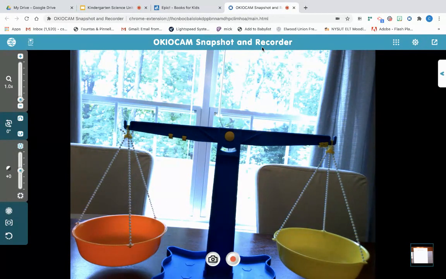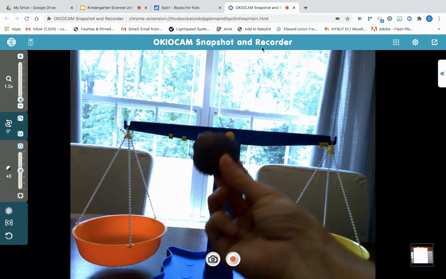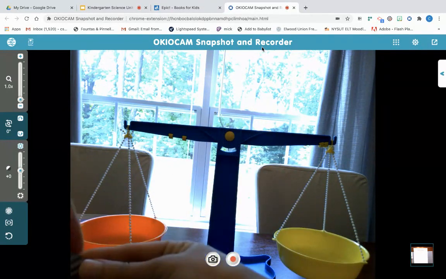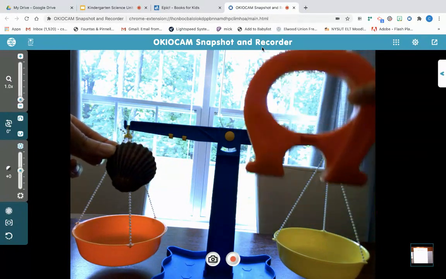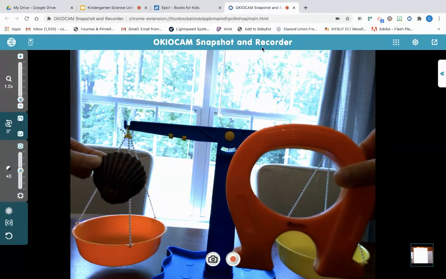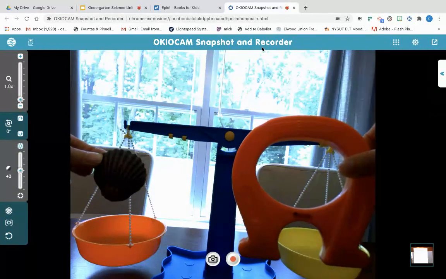So let me show you something first. I have here a magnet and a shell. Which do you think is heavier? The magnet or the shell? Call it out. 3, 2, 1.